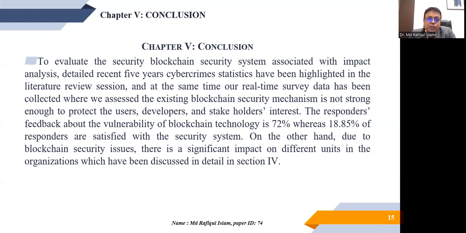The responders' feedback about vulnerability and the need for improvement is 72%, whereas only 18.85% of responders are satisfied with the existing system. Due to blockchain security, there is a significant impact on different units in the organization, which we discussed in our section 4, the impact analysis.